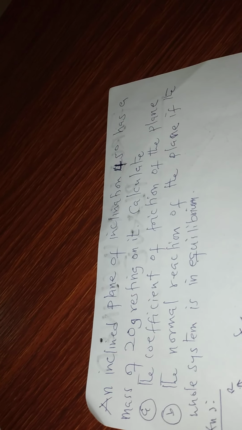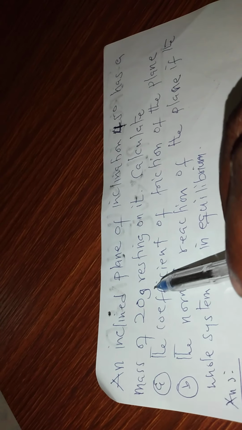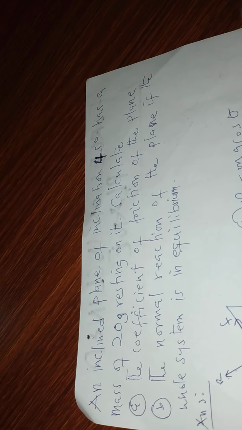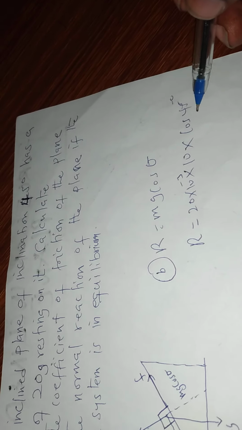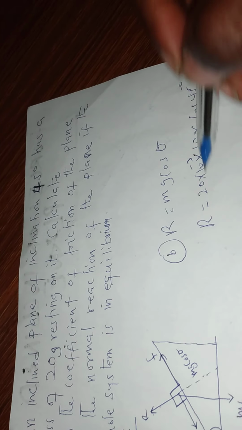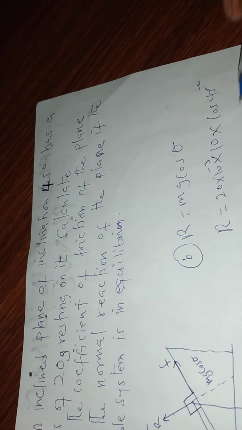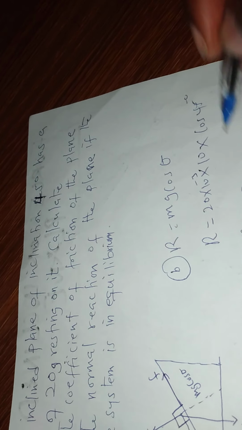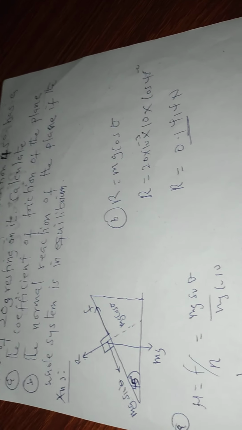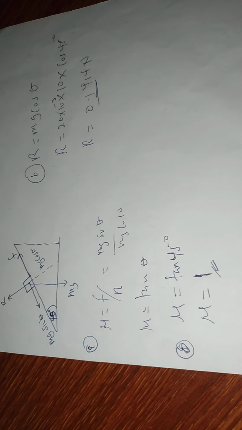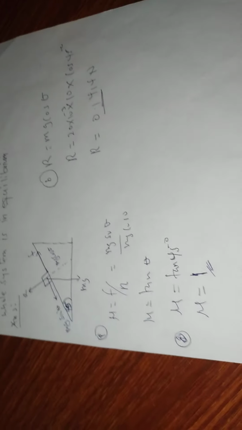So R becomes equal to, the mass is 20 times 10 to the power negative 3. Since it is in gram, you have to change it to kilogram. Then gravity is 10. Then you have cos of 45 degrees. So cos 45 degrees will give you square root of 2 over 2. And when you multiply the whole through, you are going to get 0.1414 Newton. So we have our normal reaction to be 0.141 Newton and our coefficient of friction to be 1.